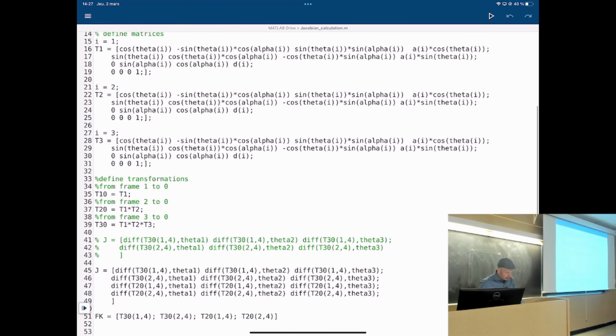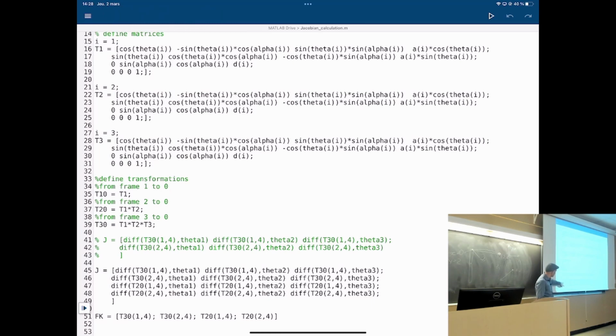How do you find the Jacobian? Well, take the partial derivative with respect to theta 1 of the end effector x. End effector x partial derivative with respect to theta 2. End effector x partial derivative with respect to theta 3. And so on.